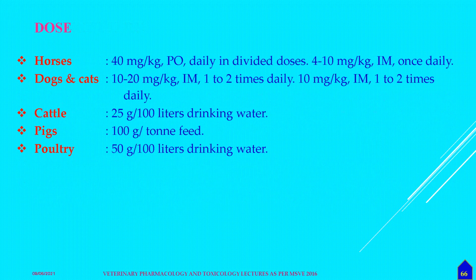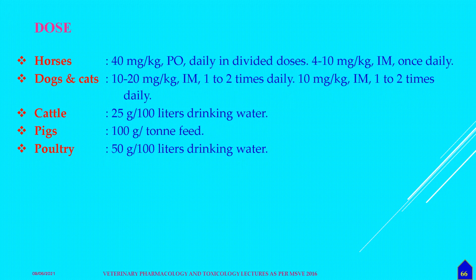So the dose of tylosin may be any type of salts, tylosin tartrate and the phosphates, etc. It is 40 milligram per kg daily in divided doses, that is 4 to 10 milligram per kg IM, once a day. For dogs and cats 10 to 20 milligram, half the dose is enough, and it can be administered 1 to 2 times a day. Whereas for injection it is 10 milligram, then for cattle, 25 gram per 100 liters of drinking water.